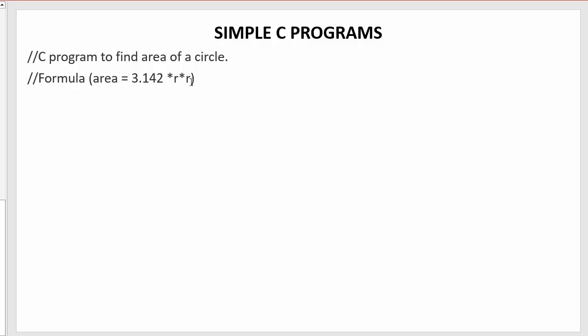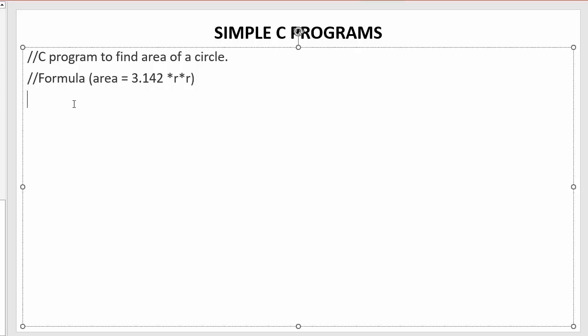Now in this program I will make use of the concept of the hash define preprocessor, and I will also use a constant. I will write down the constant first: const float pi equals 3.142, semicolon.